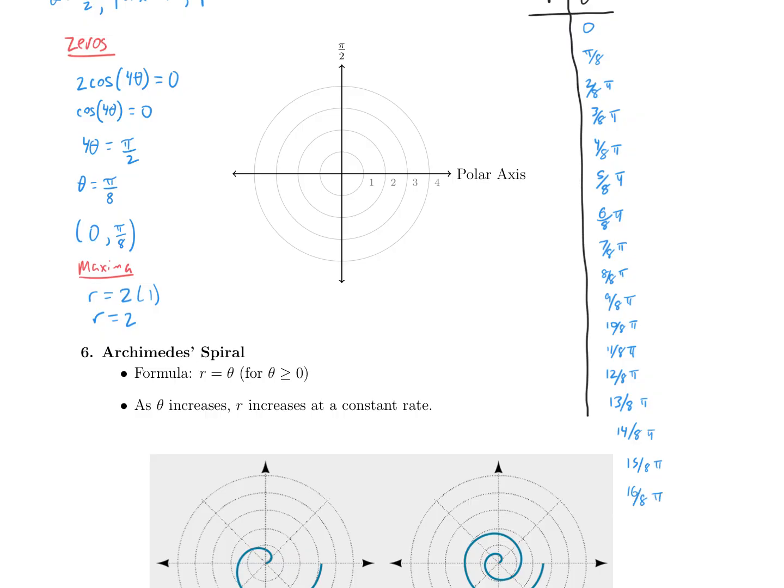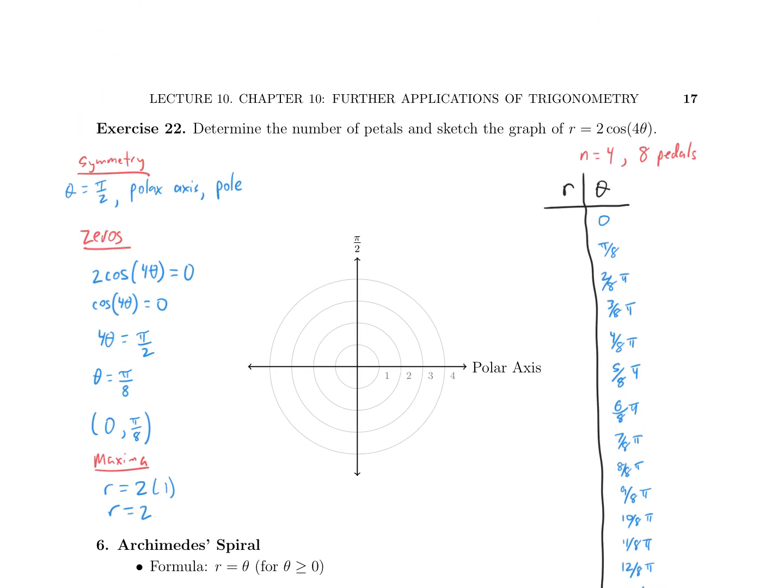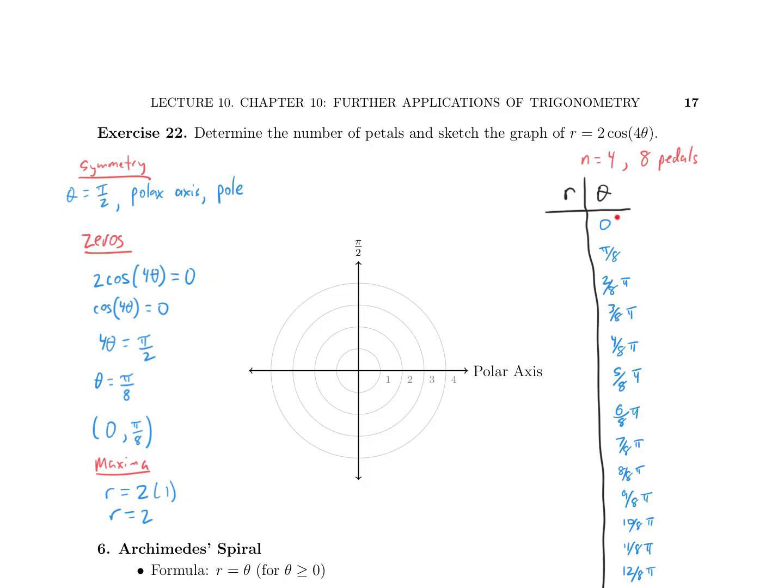Now let's find those values that correspond to those angles. Once again, all you have to do is substitute the angle into this equation, and then you'll find your r values. I'm going to save you the time, like I've been doing throughout this video. It's going to be 2, 0, -2, 0.